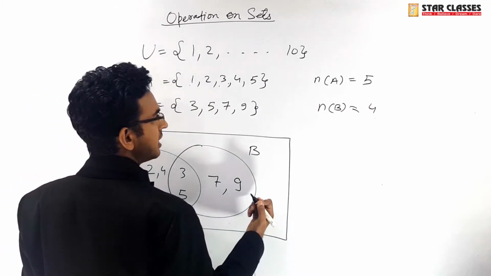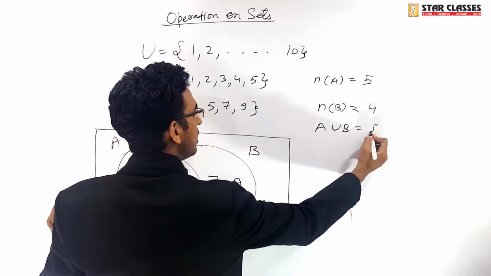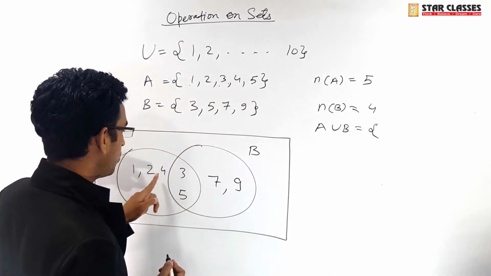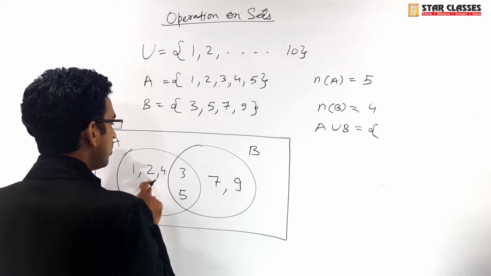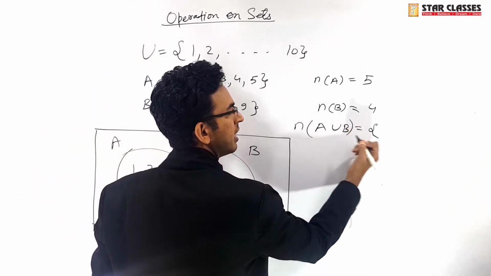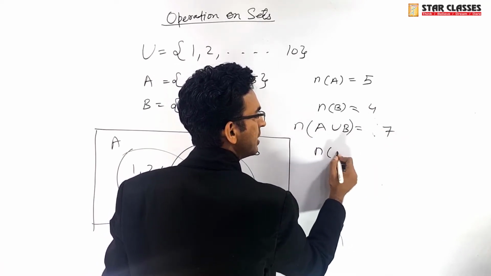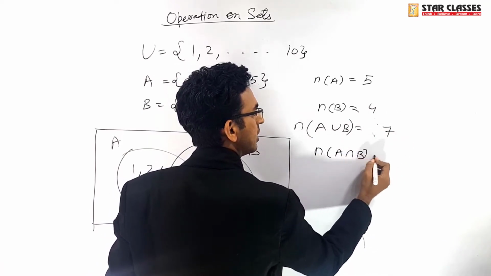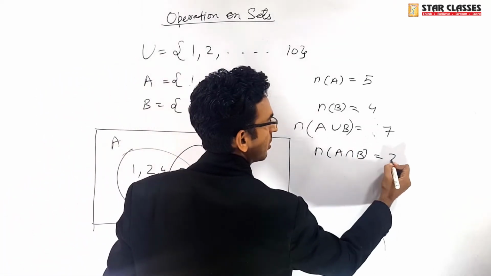Also, A union B is 1, 2, 4, 3, 5, 7, 9, so the total is 7. The number of elements in A union B is 7. And the number of elements in A intersection B, that is 3 and 5, is 2.